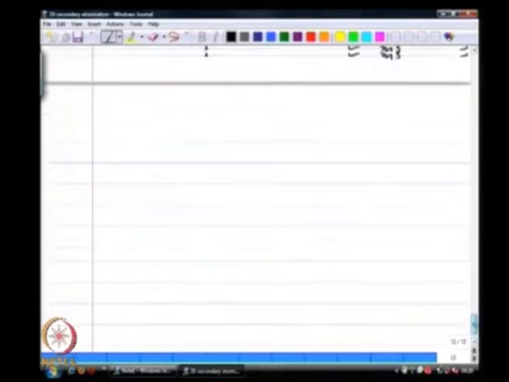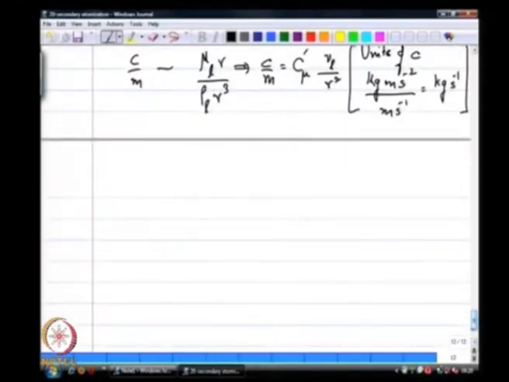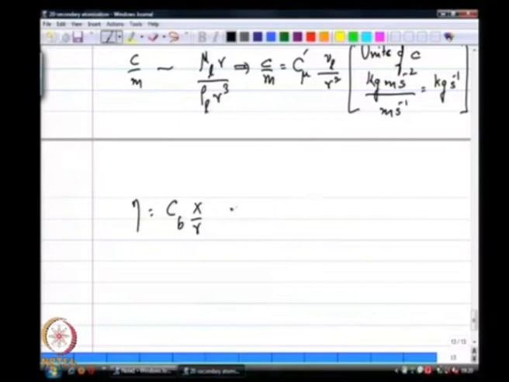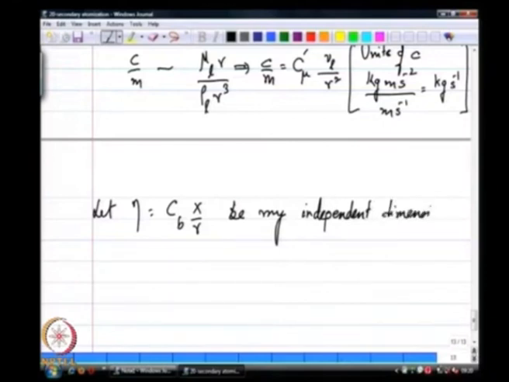The way we look at the second part, we will now define an eta which is some C b times x over r. I am going to let this eta be my independent dimensionless variable.